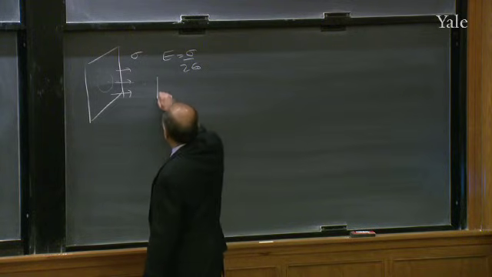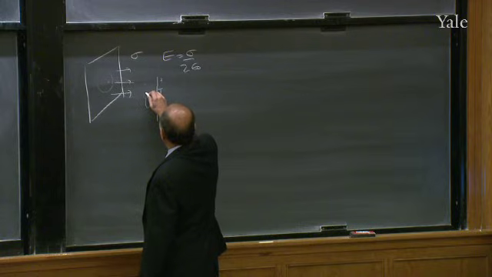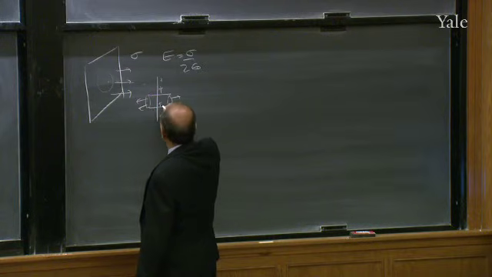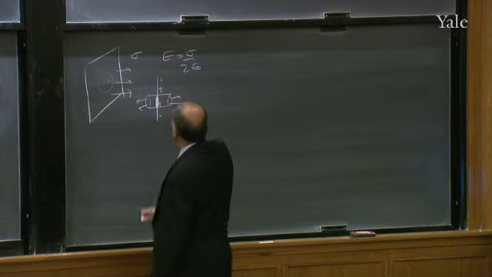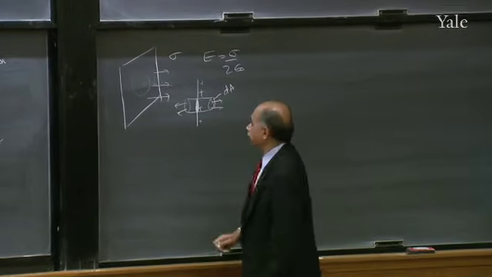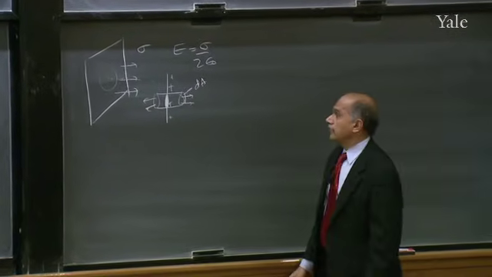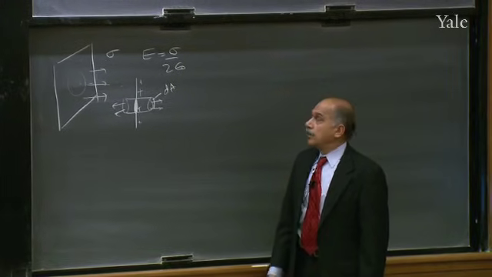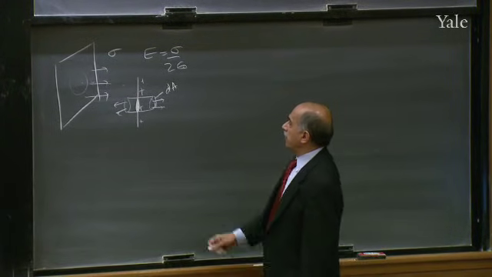So let's take the side view of the plane. Here are your charges. And I'm going to take a Gaussian cylinder that looks like this. The field lines are going like that. They're going like that. There is some charge trapped here. And the area of that guy is some dA. So again, apply Gauss's law here.